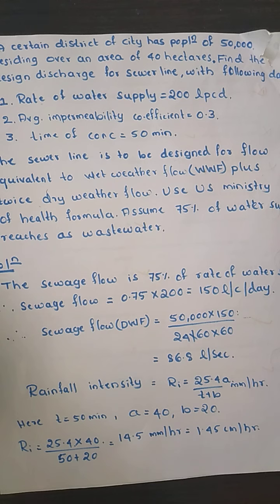That means they want to have the wastewater flow into the sewer line with the following data. The rate of water supply is 200 liters per capita per day, that is LPCD.